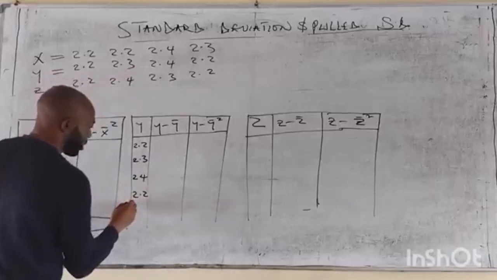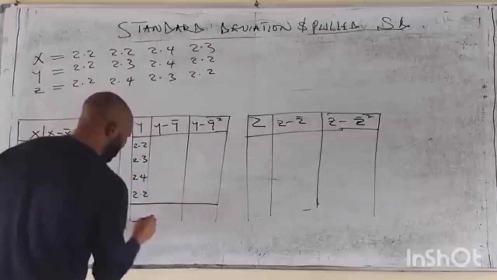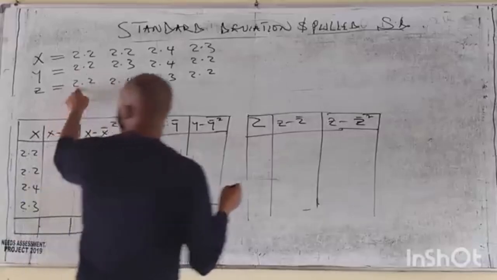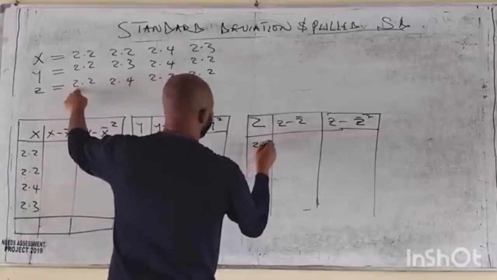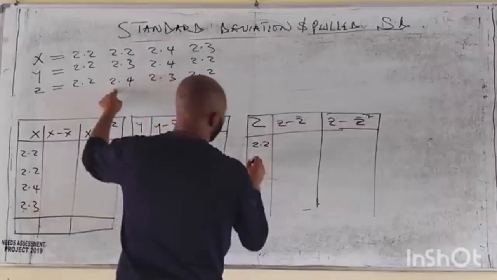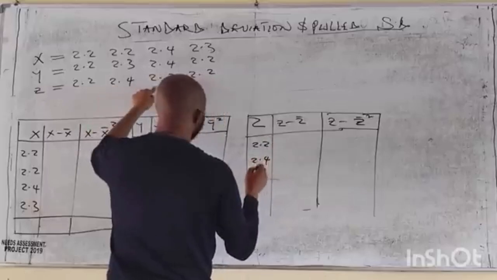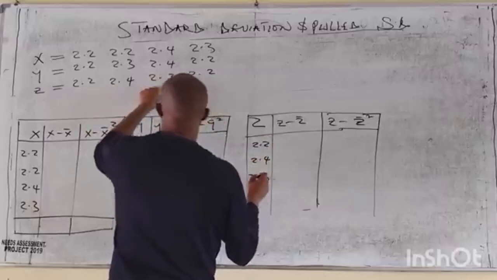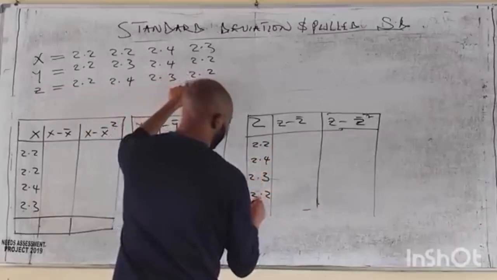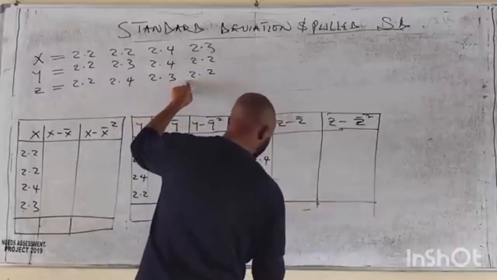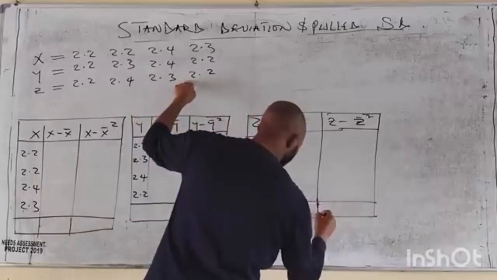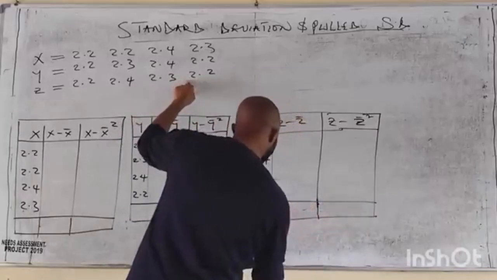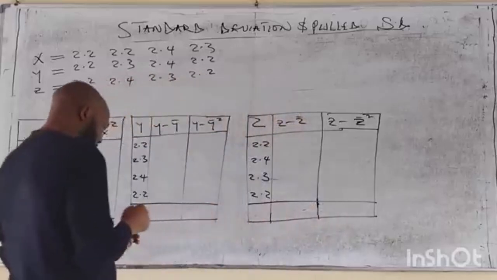Okay, that's for y. And z is 2.2, 2.4, 2.3, and 2.2. Okay, this is what we have.